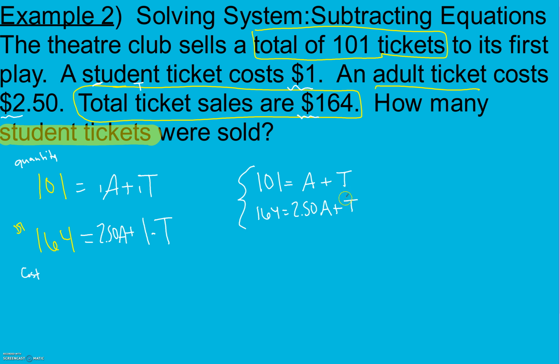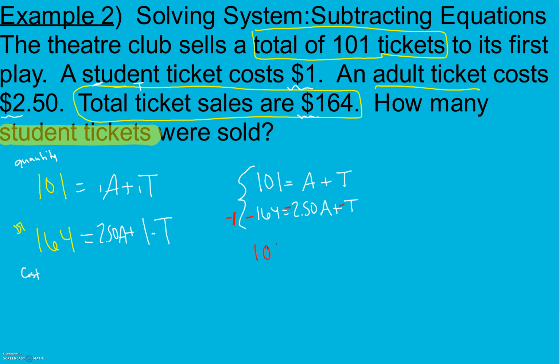If I took T plus T, I'd get 2T, not 0, and we're looking to get 0. So we need to somehow come up with a way to get opposites. I'm going to change all of these signs by multiplying through by a -1, because I need one of the T's to be opposite. Doesn't matter which equation you change, as long as we can get opposites.